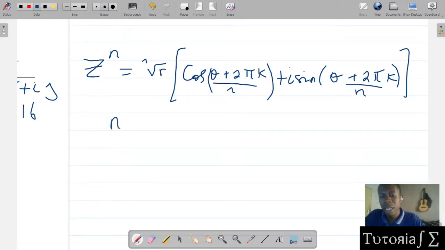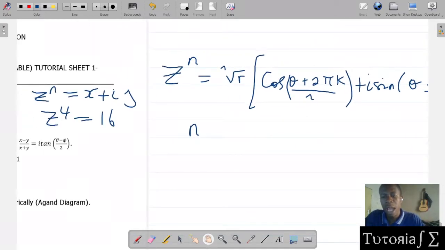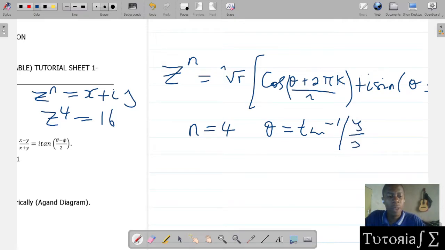Your n in this case is the power, which is 4. So n is equal to 4. Then to find our theta, theta is equal to tan inverse of the imaginary part over the real part.